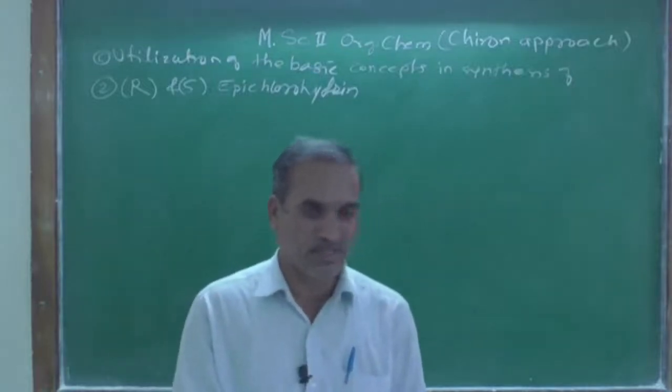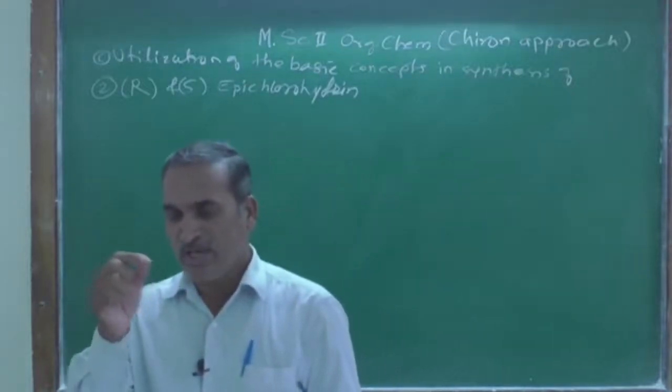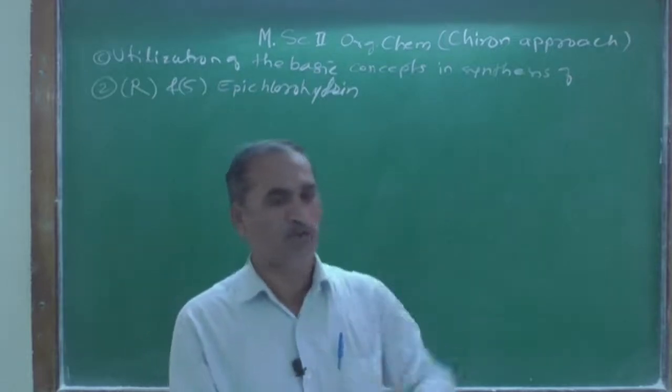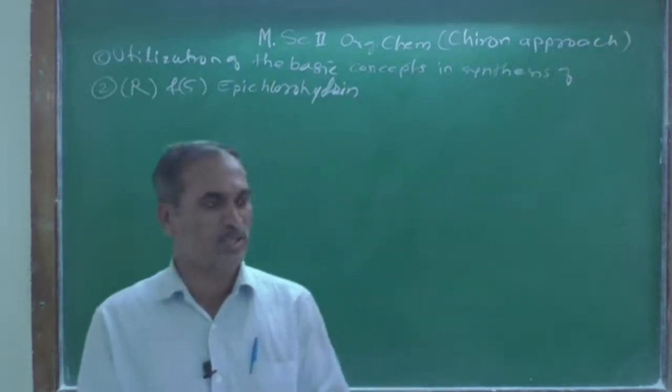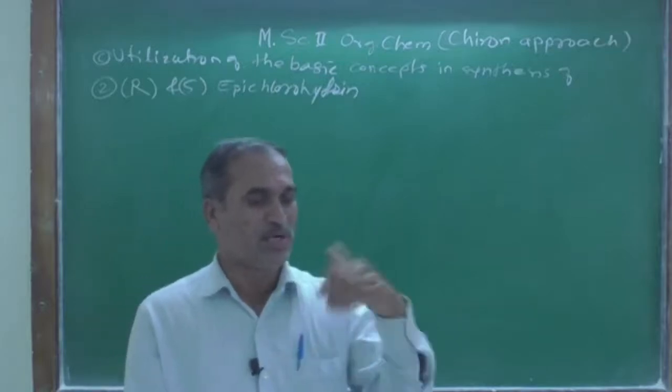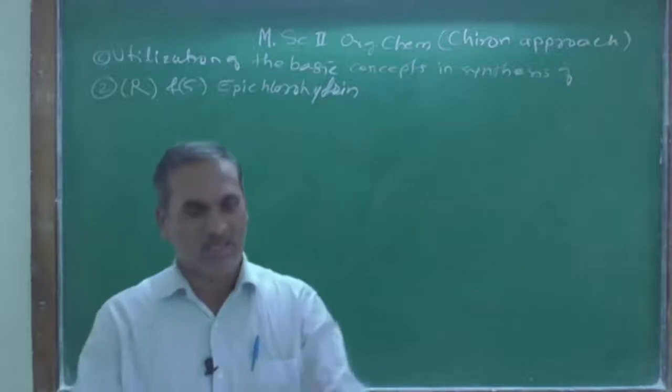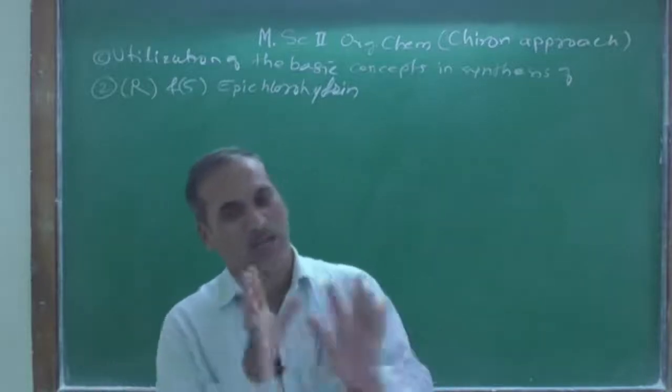Then the fifth one is minus pentenomycin. I think the fourth one is pentenomycin. The fifth one is multistatin, and the sixth one is shikimic acid. These are the 6 target molecules.